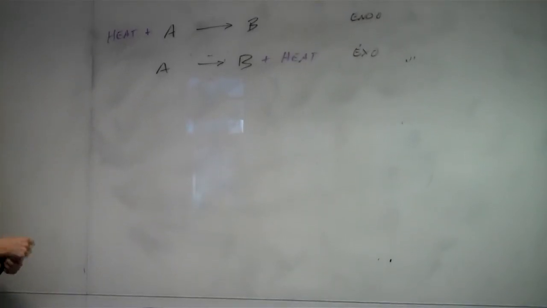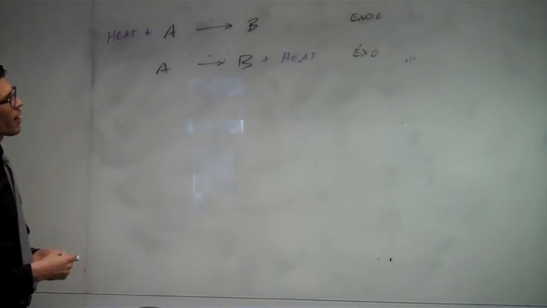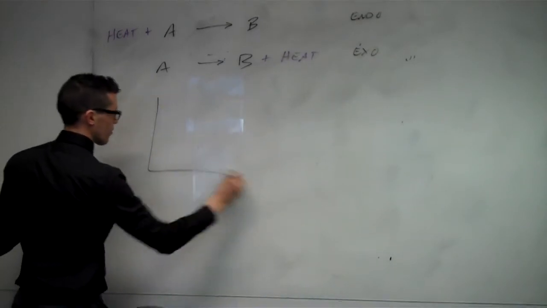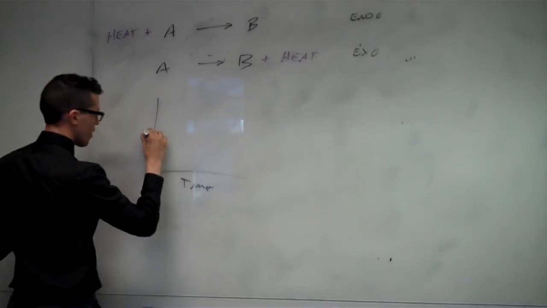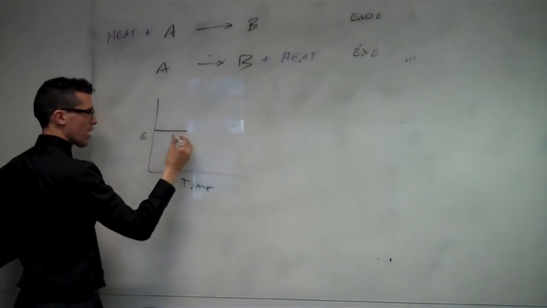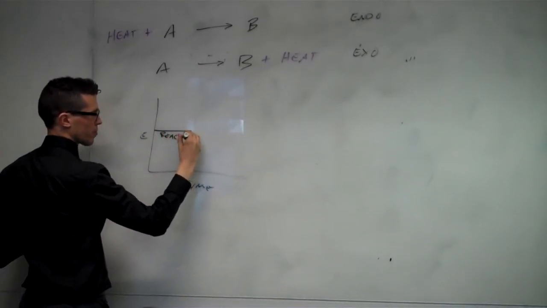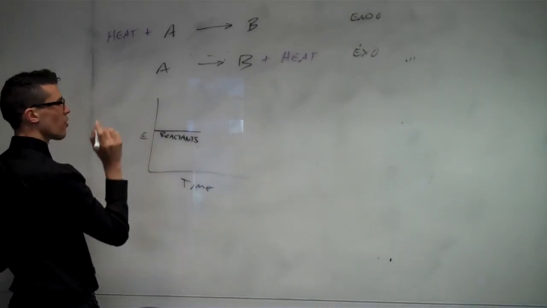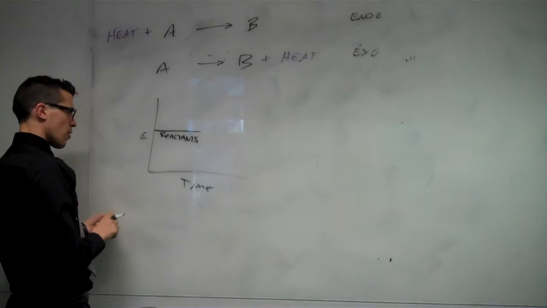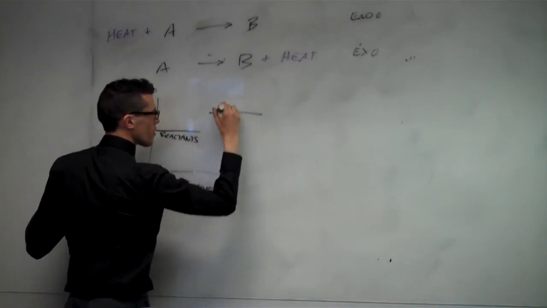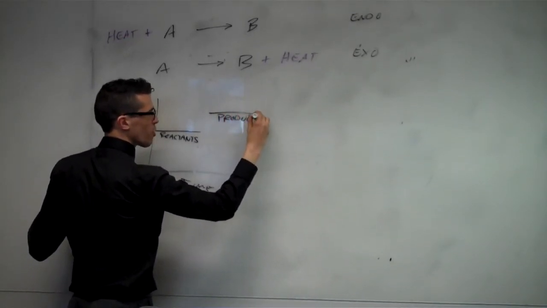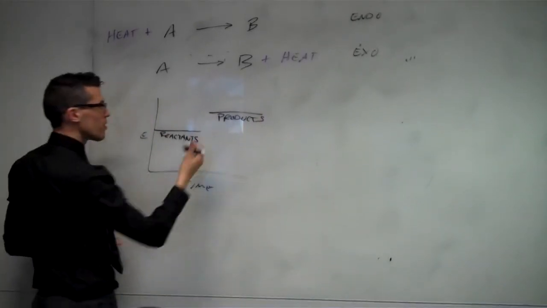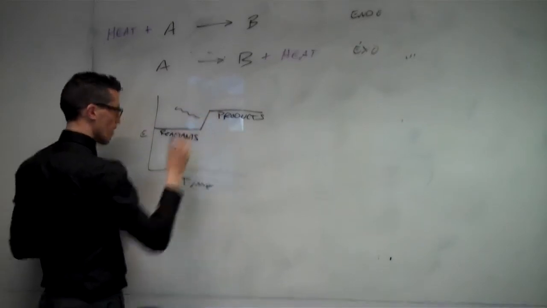Now, I can ask you lots of questions about this. The easiest kind of question is the one that we practiced before with the graph, where we have time on this axis and energy on this axis, and the reactants right here. So for endothermic, heat is going in, and for exothermic, heat is going out. If the products are up here, that means the reactants would have had to absorb energy to get up there, so you'd have to plug heat in.